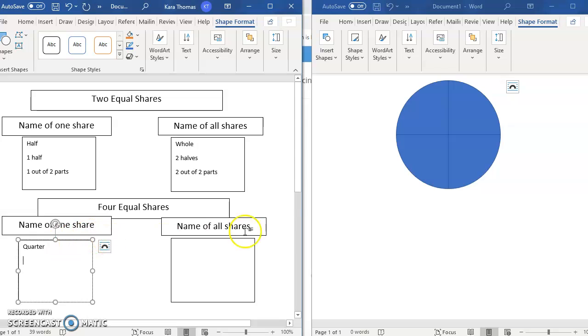So when something is divided into 4 parts, we call it a quarter. So one of these shares can be called a quarter. It could be called 1/4. It could be called 1 out of 4 equal shares. These all mean the same thing. If I had 1 slice of a 1/4, it could be called a quarter, 1/4, or 1 out of 4 shares.